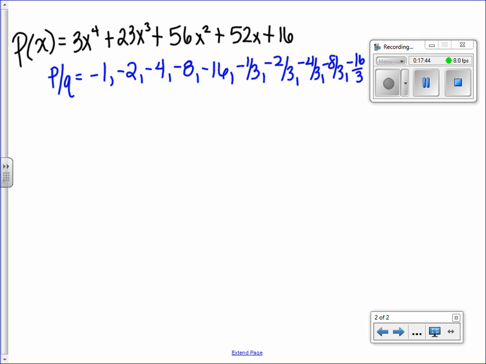Great. Okay. Now I'm going to let you in on a little secret. When that number is not 1, you will most likely have a fraction for one of your roots, because something in front had to multiply to get that to be not 1. It's not always.